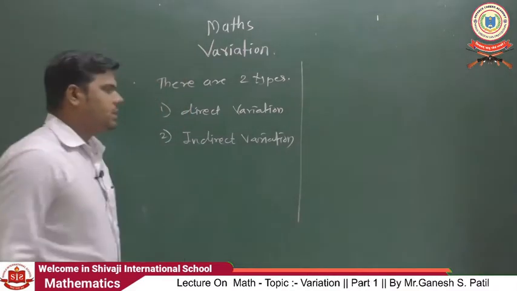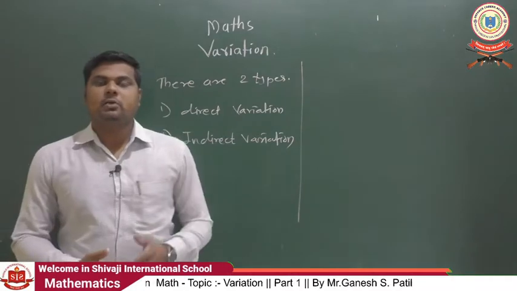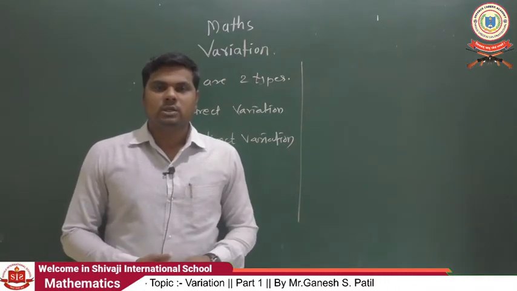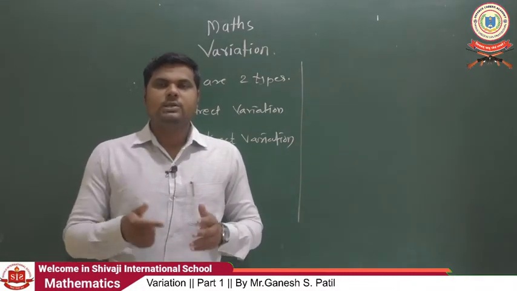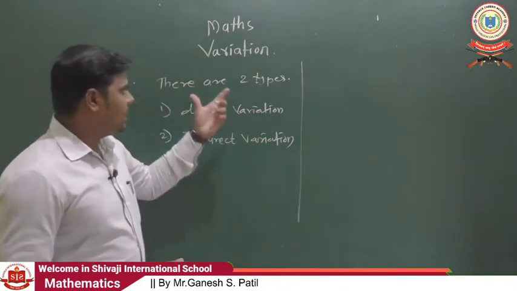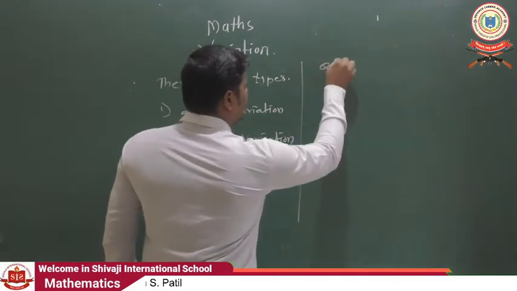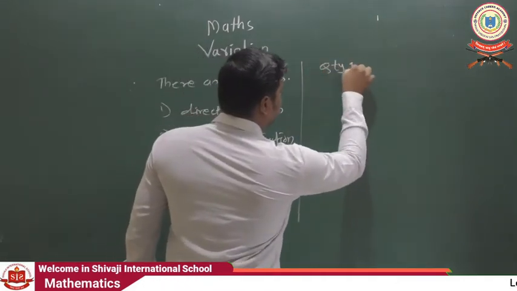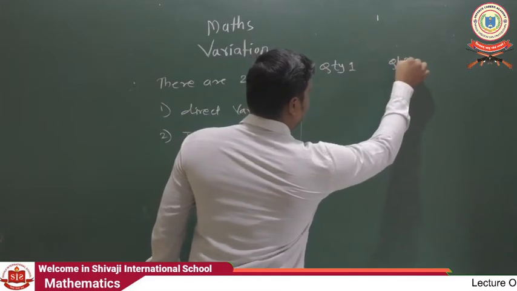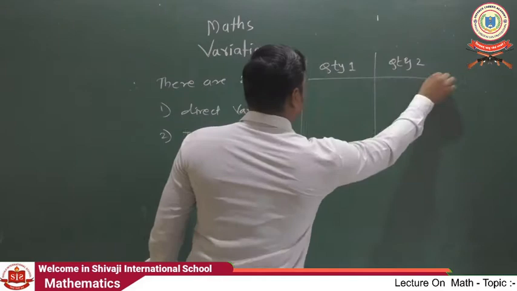See, in direct variation, what is meant by direct variation? Suppose in our day-to-day life we have listened to the word quantity. Okay, in the variation there are two quantities, quantity number 1 and quantity number 2. Okay, two quantities are there.